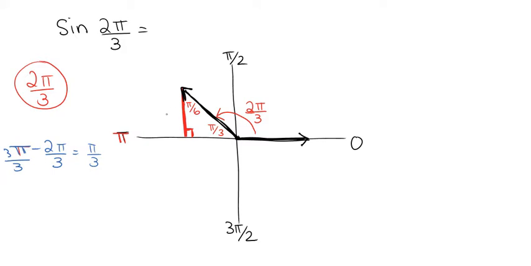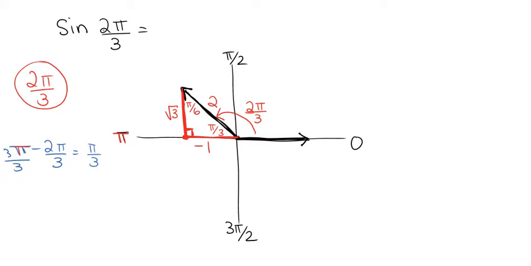So pi over 3, okay, so this is root 3. And this hypotenuse is a 2. And this bottom part here is going to be a -1 since it's on the negative part of the x. So there's our special triangle.